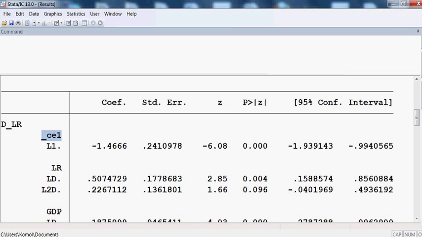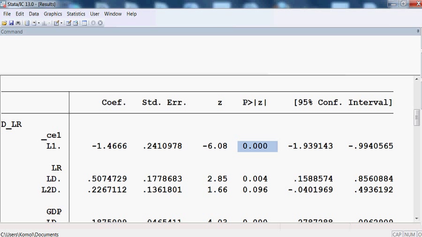Last time we had one co-integrating equation, so we can call this one the error correction term, right? This one is the standard error, this one is the Z statistics, and this one is the corresponding probability.